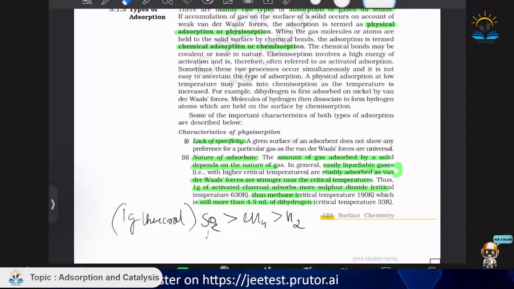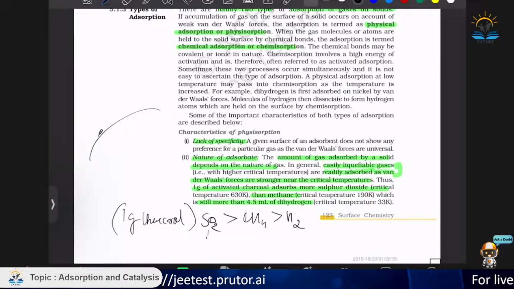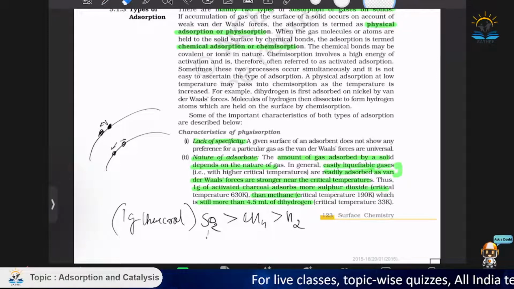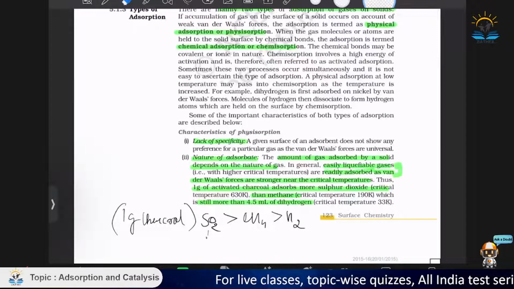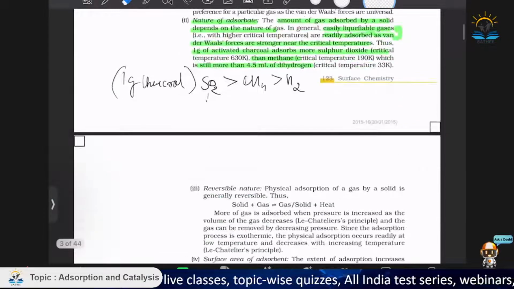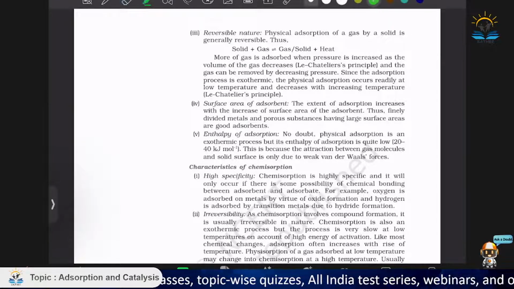So if they have affinity towards each other, they will tend to stay stable when they are present near each other in an adsorbed state, which is not possible in a hydrogen molecule. They will repel each other. They're not stable together. They want to stay far apart. Okay, so nature of adsorbate, critical temperature and all these you need to know here.